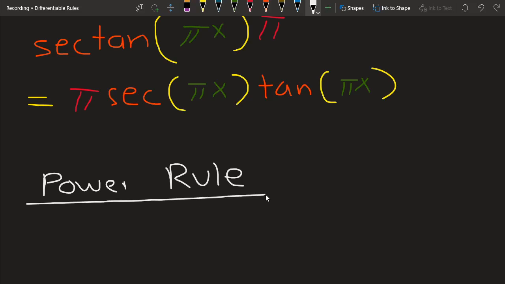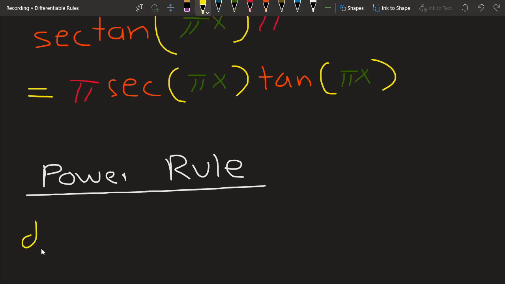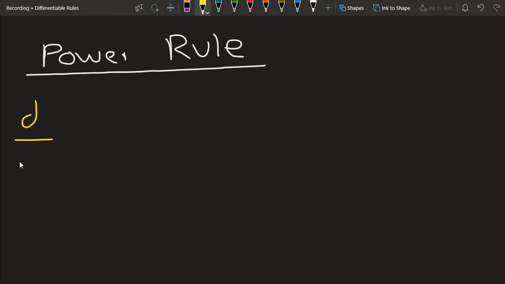So, power rule. For the power rule, it is very similar to the chain rule. Let's say we're asked to find the derivative of u to the power of n.